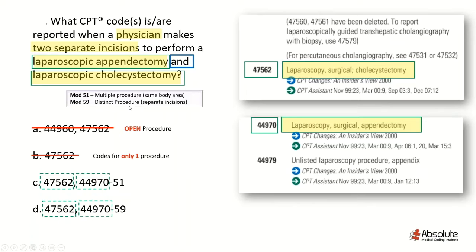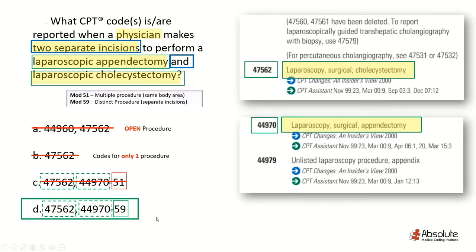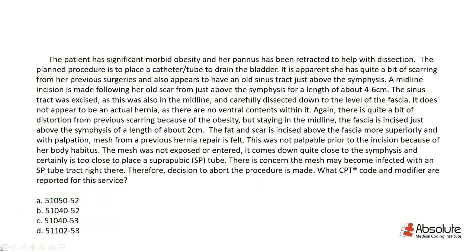We have two distinct procedures. We have two separate incisions. So that's why you would go with the 59 modifier, okay? Not the 51. We do have multiple procedures, but it's not the same body area. All right. So this is why D with that 59 modifier, that's why that one would be correct.